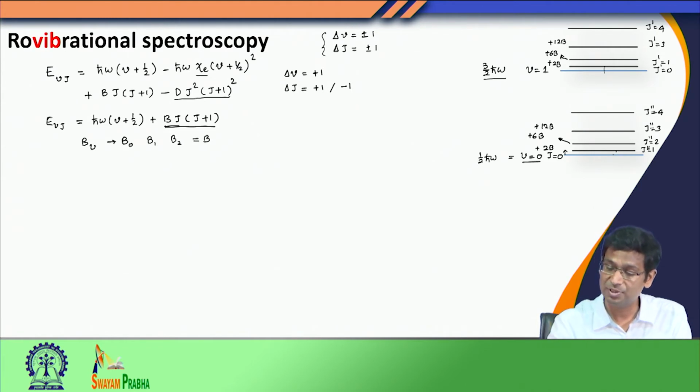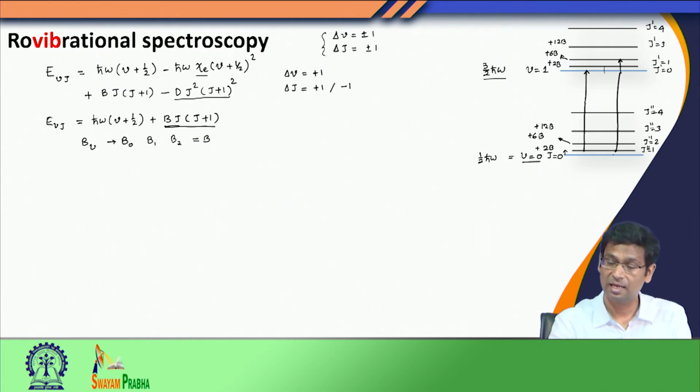But when I start from J double prime as 1, I can either go to J prime 2, that is a delta J equals plus 1 transition, or I can go to J prime of 0.